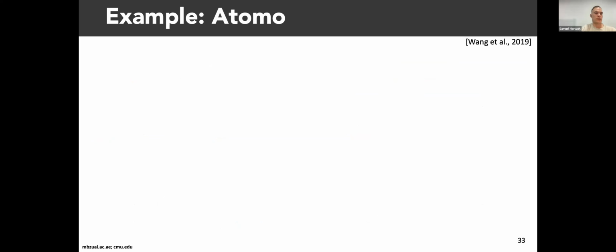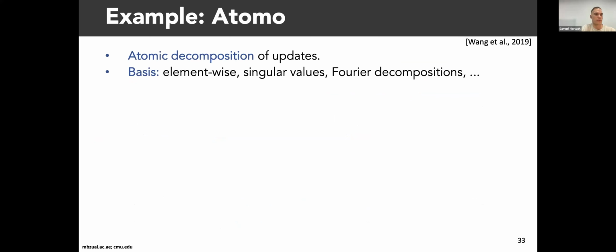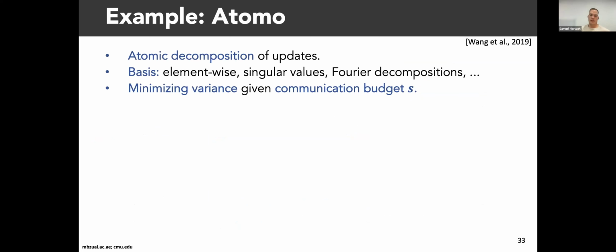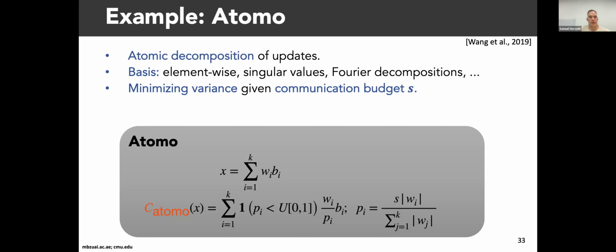Another popular compression is Atomo, where we use atomic decomposition of updates with respect to some basis. This might be the standard element-wise basis, or singular values, or Fourier decomposition. What we want to achieve is that, given a communication budget s, you communicate at most s basis elements, but minimize the variance compared to the original vector.